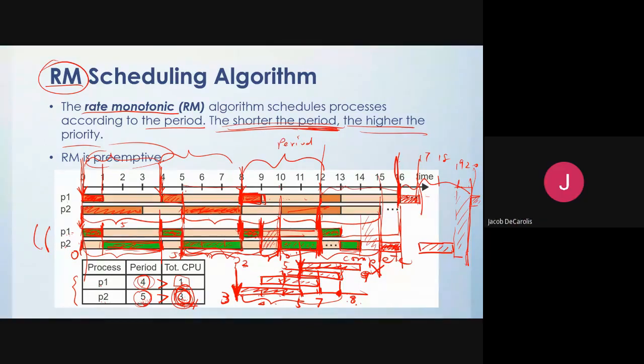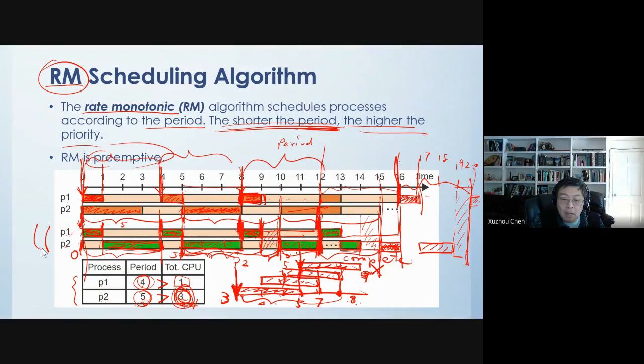It's working. Professor, what would happen if, say, P2 wasn't able to complete a CPU burst in the period? Would it just stop running P2? Yes. Normally, the operating system is going to give you a system error saying process 2 actually failed, because for a real-time process, if it failed, it just failed.